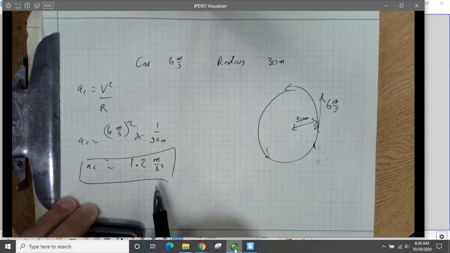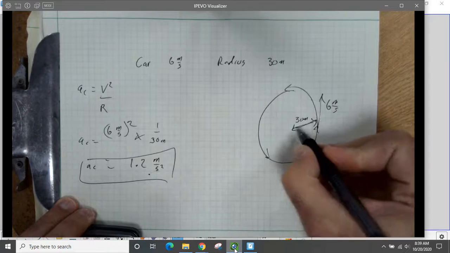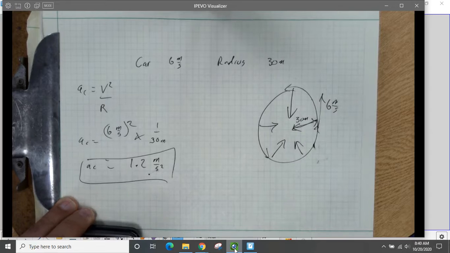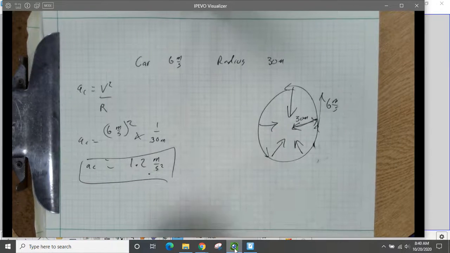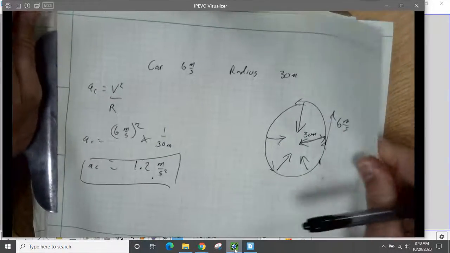And if they ask you what direction is that acceleration, the direction of the acceleration is always toward the center of the circle. That's how it works. By definition, centripetal acceleration is always toward the center of the circle. All right, let's do one that's slightly more complicated.